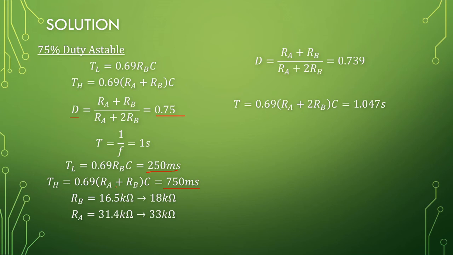Solving these two equations simultaneously, you will get 18K and 33 kilo ohms. Recalculating the duty cycle, that's very close to 75%, and the period is very close to 1 second. Okay, let's jump into the simulations and see if we did everything right.